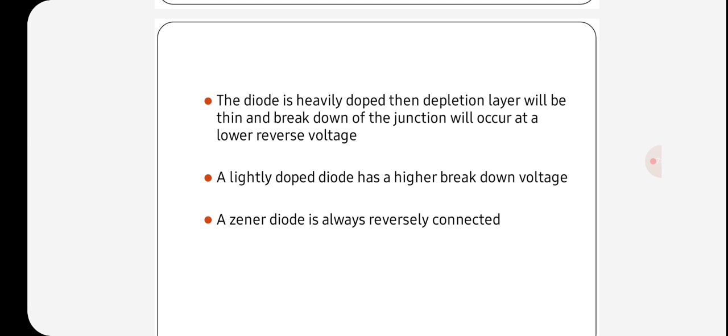So actually, a normal PN junction diode allows electric current only in forward biased condition. When forward biased voltage is applied to the PN junction diode, it allows a large amount of electric current and blocks only a small amount of electric current. Hence, a forward biased PN junction diode offers only a small resistance to the electric current.